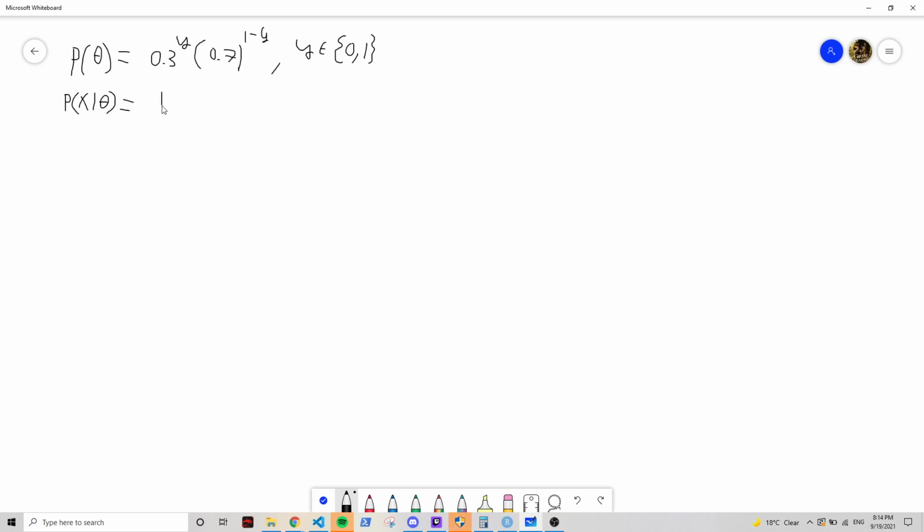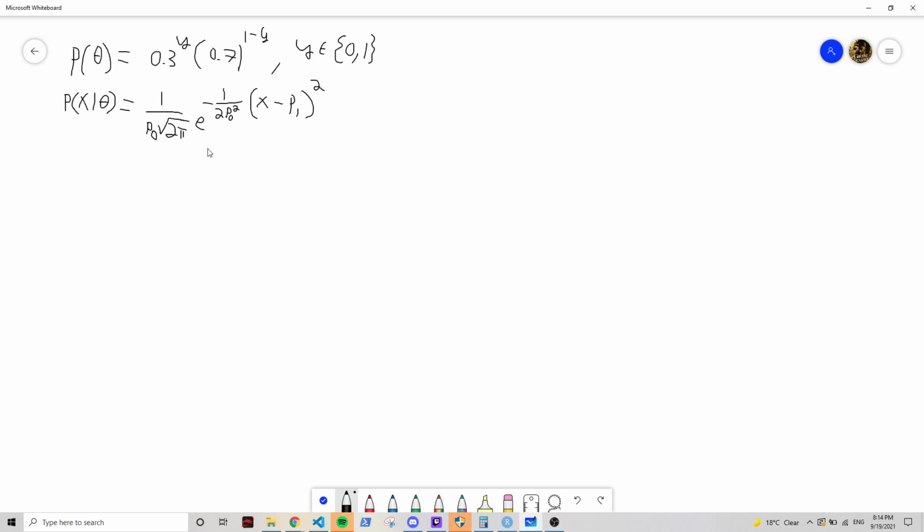I mentioned that this is a normal random variable, and for the variance, I'm going to denote it p0. So the density is 1 over p0 times the square root of 2 pi, times e to the negative 1 over 2 p0 squared, with x minus p1, which represents our mean, squared.